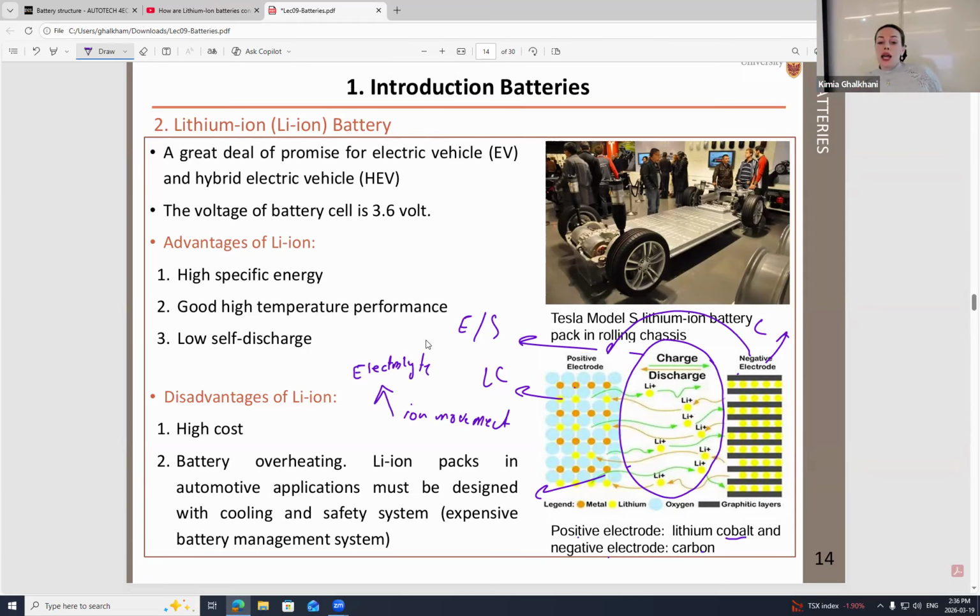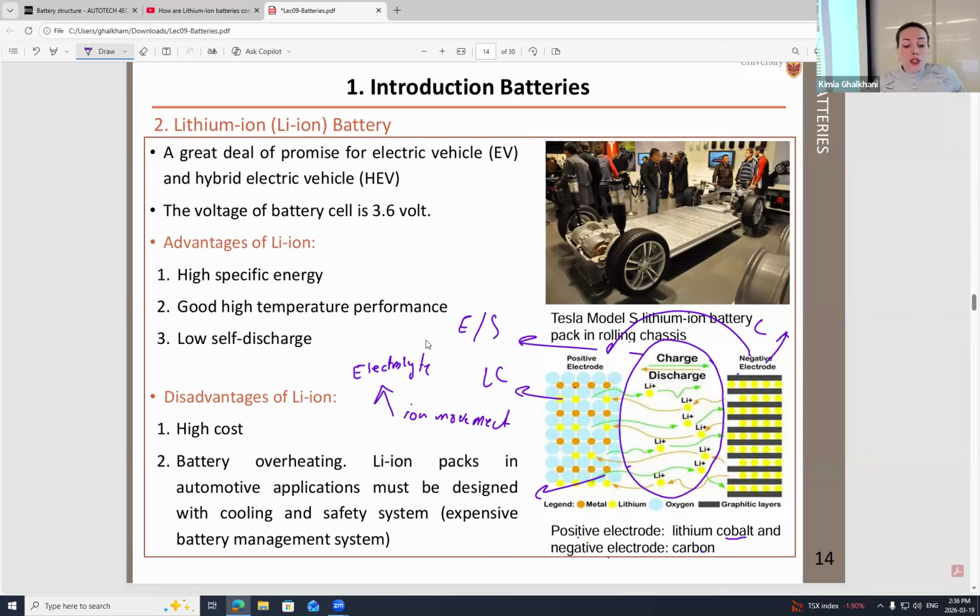How about the separator? The separator is a physical layer, and its main job is avoiding any type of accident between the electrodes. If we remove the separator from the battery, the positive and negative electrodes will touch each other and cause a short.